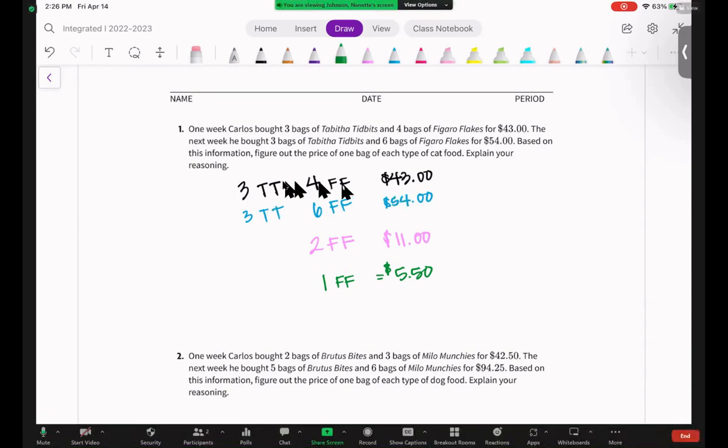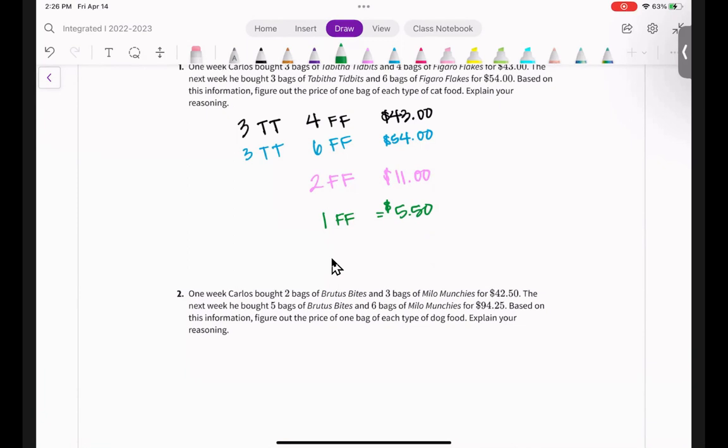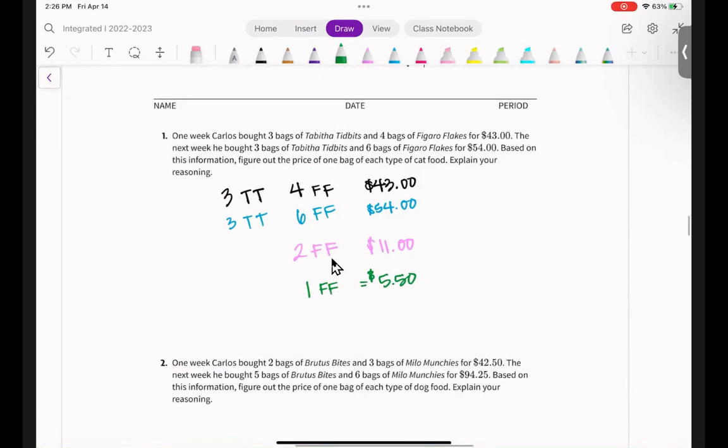And maybe you say, oh, Ms. Johnson, I can kind of use this information to go over here. And that's right. Okay. So if two of them cost $11, if these two cost $11, this also means that four of them would cost $22, right?